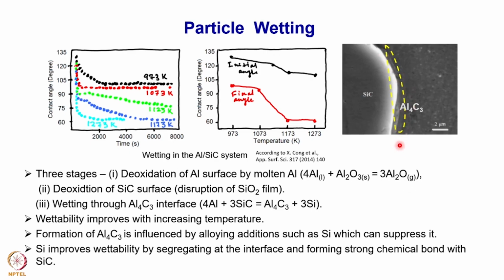And you can also see the effect of processing temperature over here. When you increase the temperature, you can see how the contact angle is influenced. So the higher the temperature, the lower the contact angle, but after a certain time, it stabilizes, as you can see from these plots.